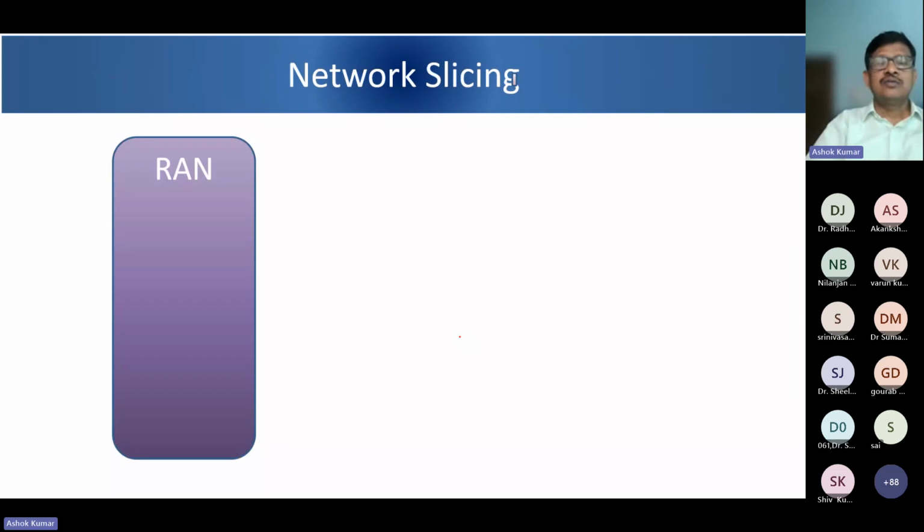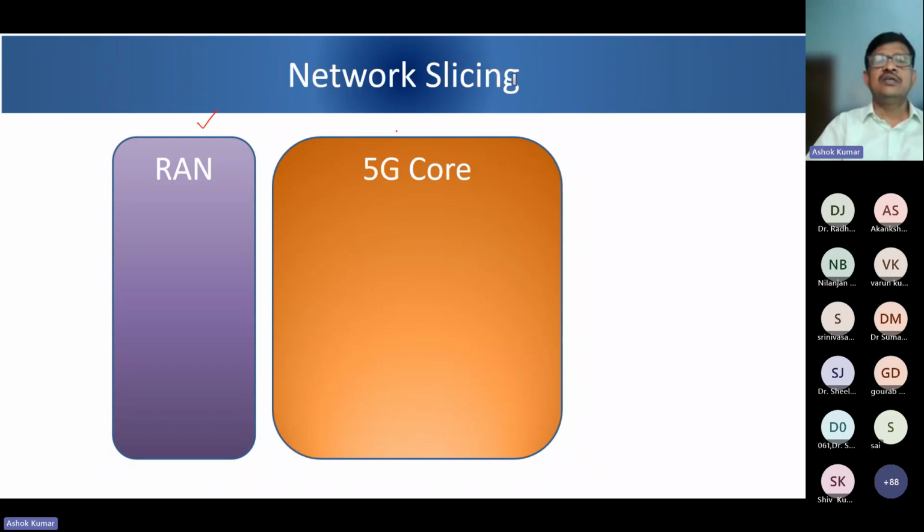So what I was talking about is that we have a radio access network consisting of gNodeB or new radio, and then we have the 5G core consisting of multiple network functions. We had talked about AMF, SMF, UDM, NSSF, NRF, NEF.